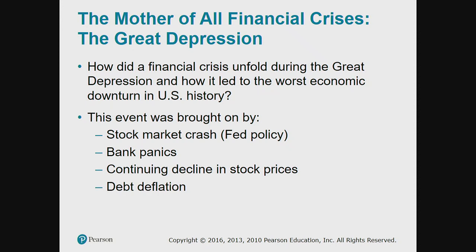So it encouraged people to borrow, and a lot of people in the 20s borrowed money just to invest in the stock market, which is great when the stock market's going up, but once it stops going up, or once it slows down, you can really be in trouble, especially when a lot of these loans were call loans. So the banks could at any time ask for their money back.